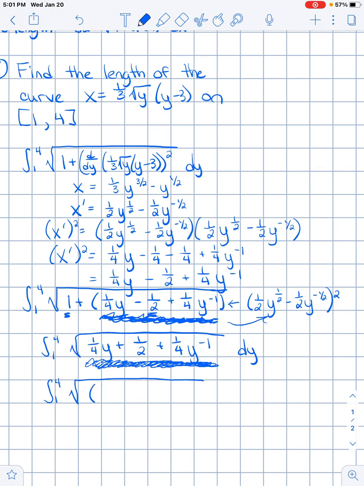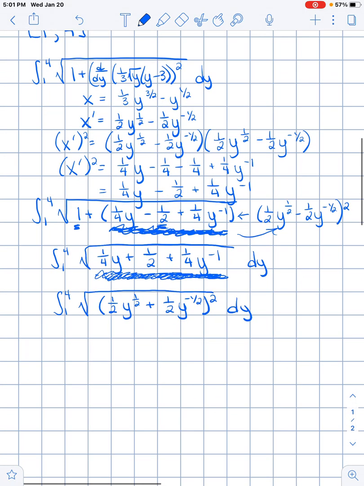So this part under the radical factors to be 1/2 y to the 1/2 plus 1/2 y to the negative 1/2 quantity squared. Now things are way more convenient because if I take the square root of this thing being squared, the radical goes away. So I end up with just 1/2 y to the negative, or 1/2, sorry, positive.